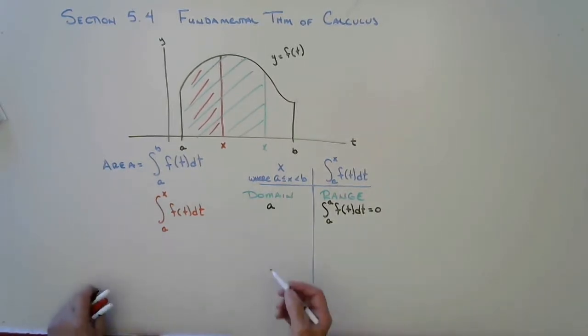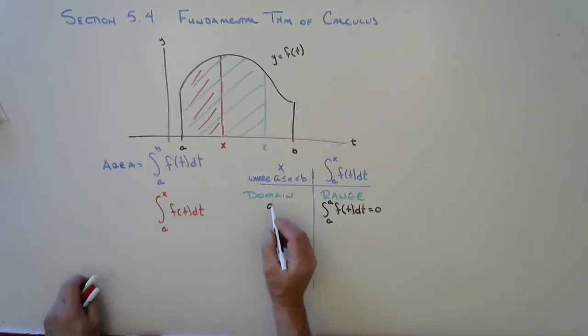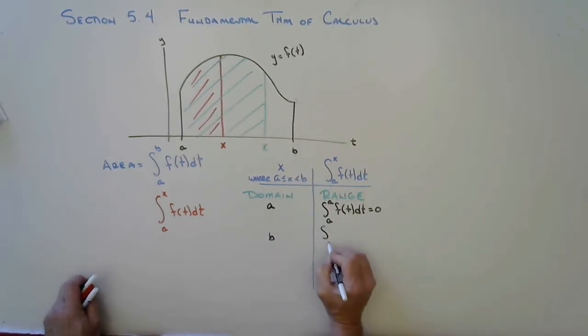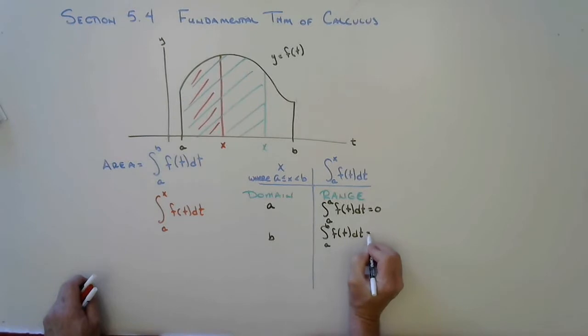But what happens if we pick x to be b, the other end? Well, then our y value would be the integral from a to b of f of t dt, which is going to equal the total area.